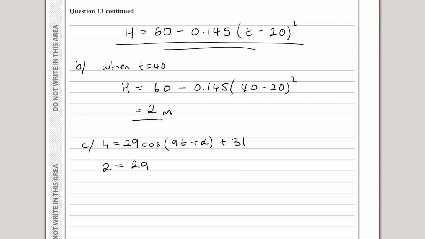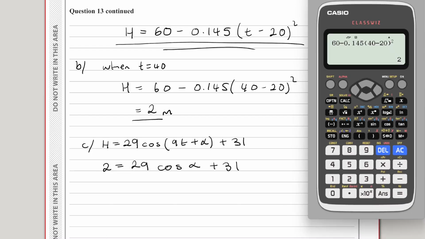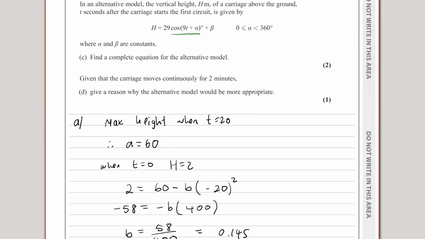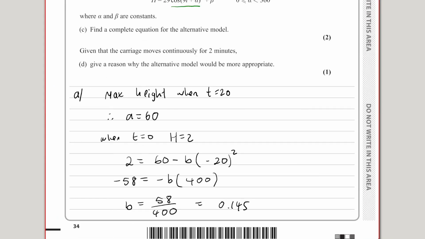So 2 is 29 times cos alpha plus 31. So let's just find alpha. So 2 minus 31 is going to be negative 29. Over 29 is negative 1. And shift cos negative 1 is going to be pi. It's in degrees.